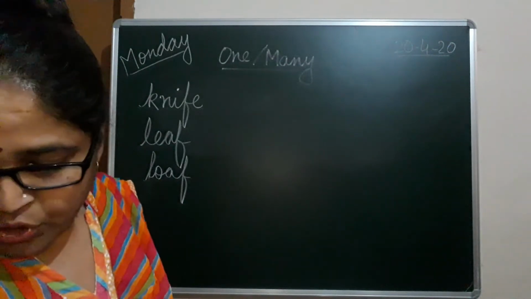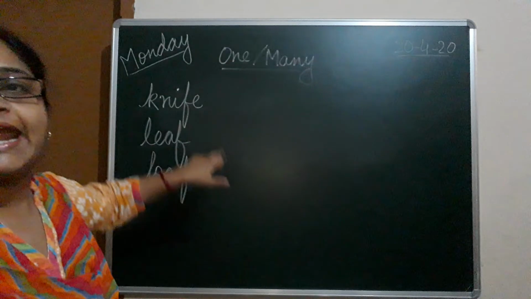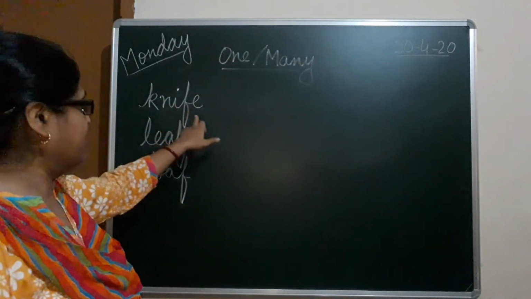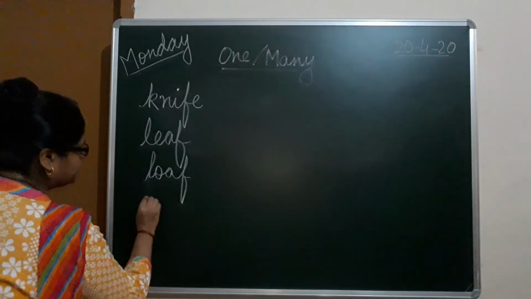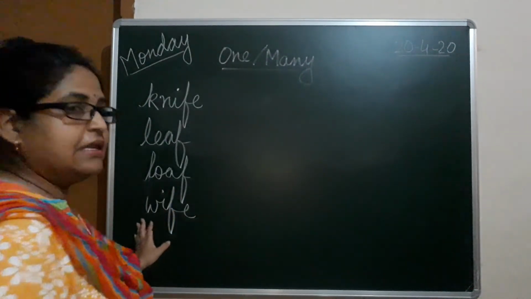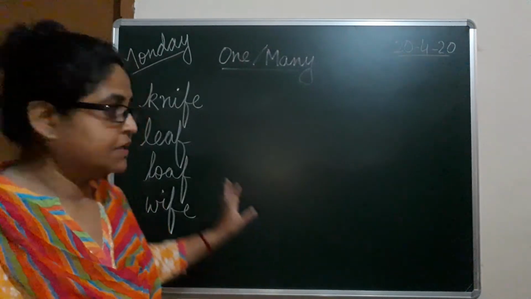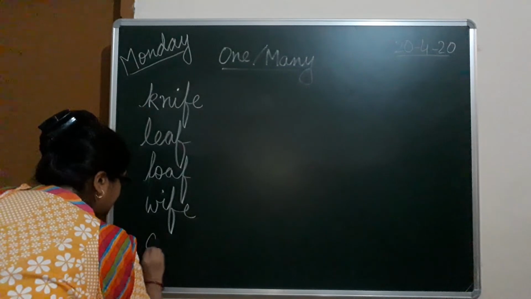Now children, you can see here that all these words are ending with either FE or F. There are more words like wife, like calf.